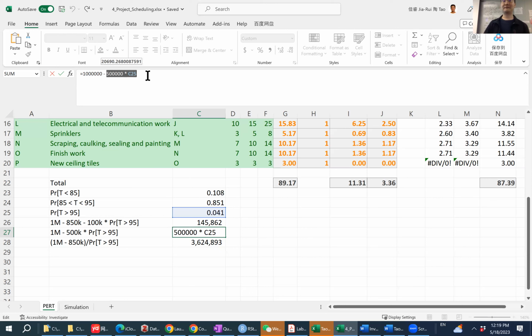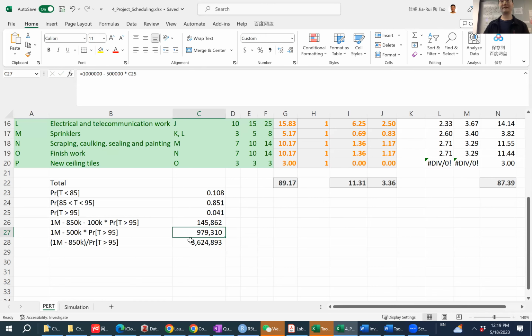The expectation, again, is taken using 500,000, that's the total liquidated damage, times the probability associated with it. Again, this probability is 4.1%. This calculated quantity is the revenue minus the expected liquidated damage. If this quantity is greater than the cost, that's 850,000, then of course we should bid for it because our expected profit is greater than 0.